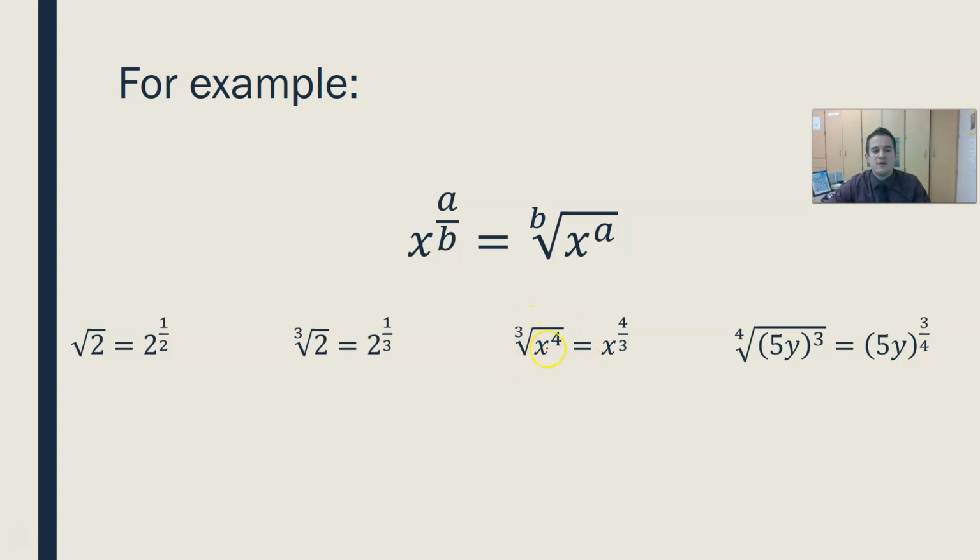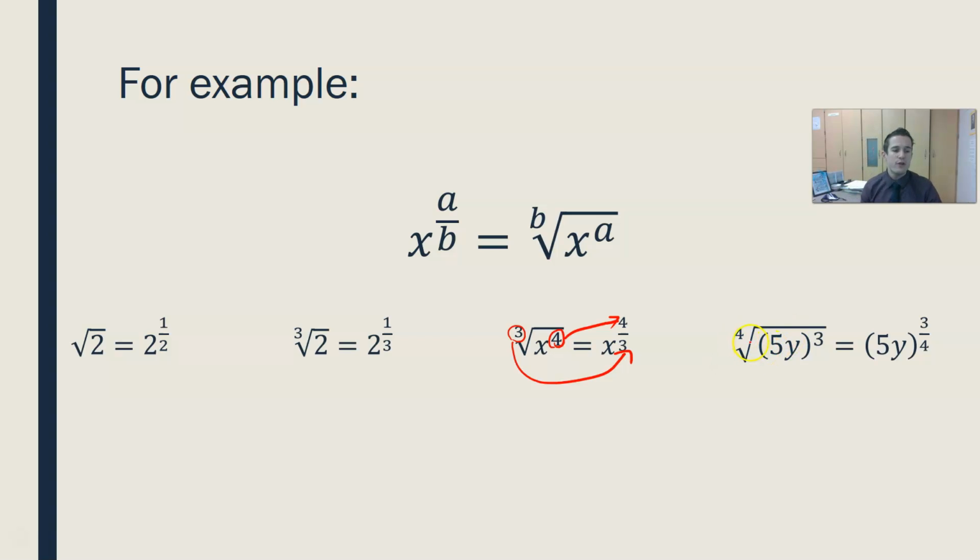The cube root of x to the 4th, the root goes in the ground, the power goes in the sky. I can write the cube root of x to the 4th as x to the 4/3. 4 goes in the top, 3 goes in the bottom. So I can write that radical as a fraction exponent.